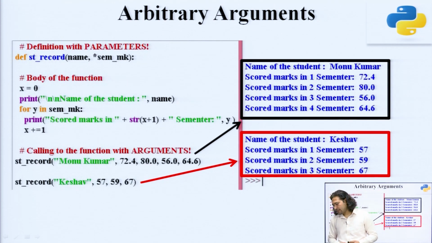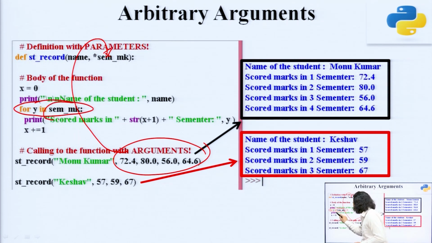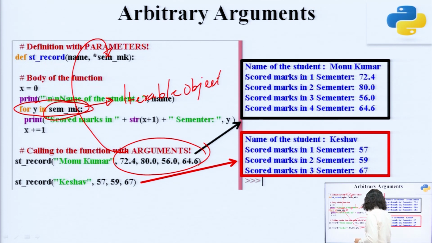Now, here you can see the output, and all data is fetched into one single parameter, that is sem mk, and when we go for the loop operation, sem mk is an iterable object. The iterable object represents a collection of objects, and this collection gives you the output one by one. Now, look at the output.